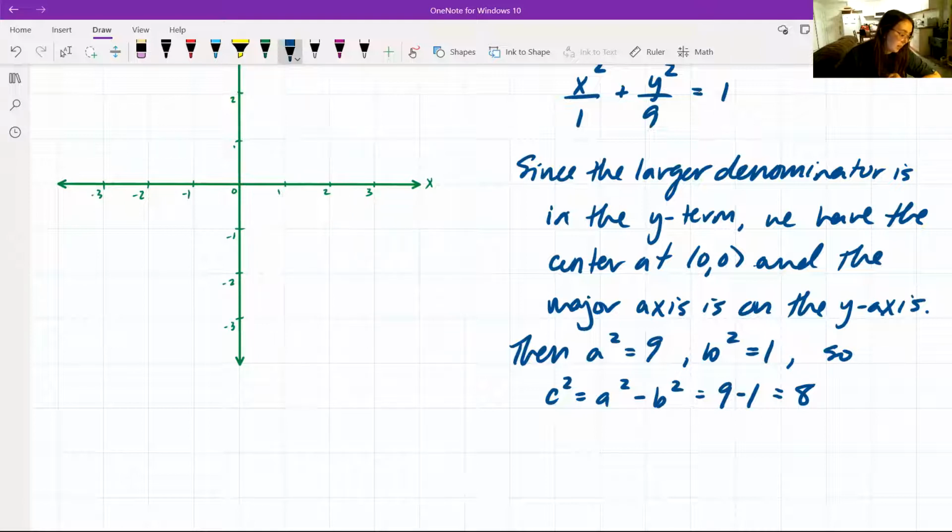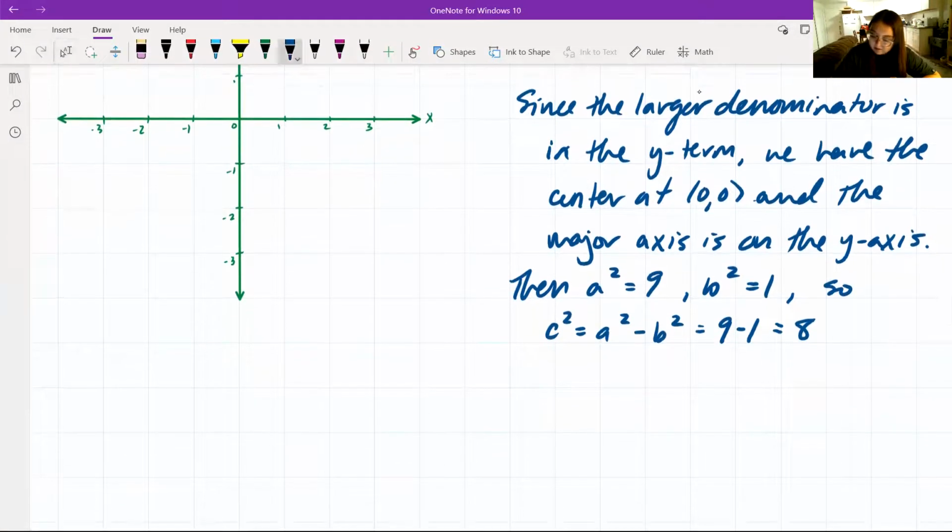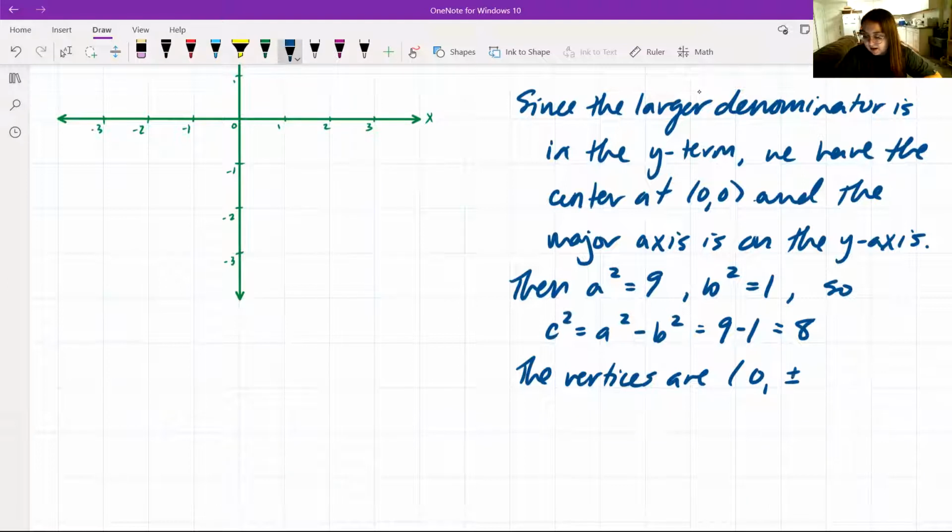So we get that the vertices are 0, comma, plus or minus a, which will be 0, plus or minus 3.